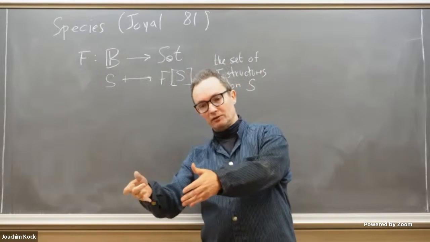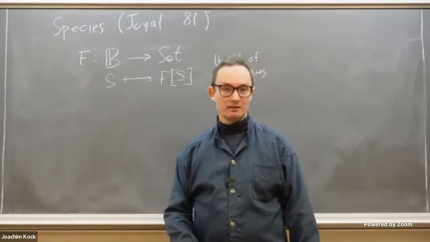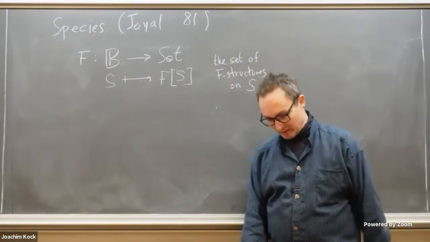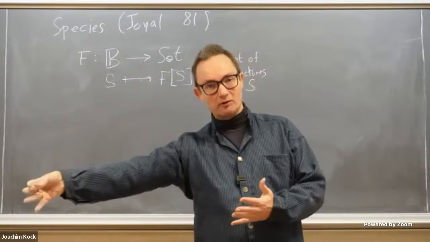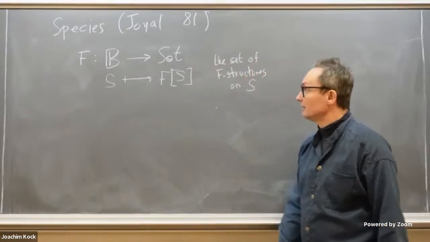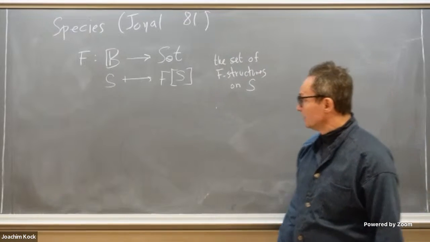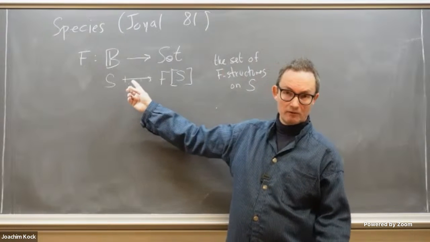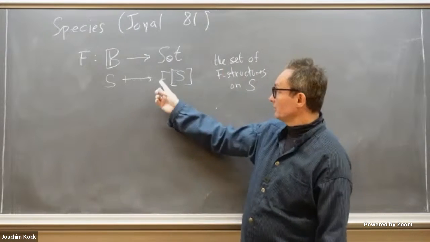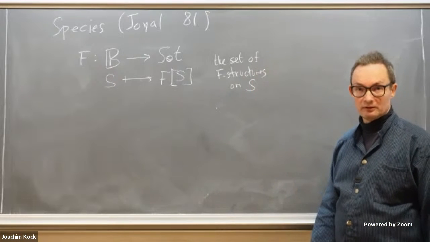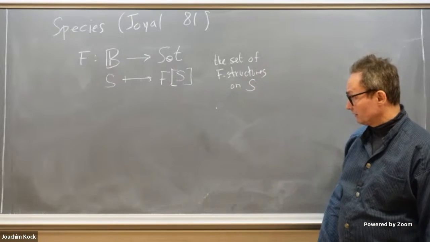And when you have your result, you just give it back to combinatorics and you have counted something. So it seems a little bit roundabout that you should go all the way to power series and come back. Can you not do that directly on the combinatorics? And Joyal showed how all the operations of power series can be done at this level. So that's a very powerful technique in combinatorics.